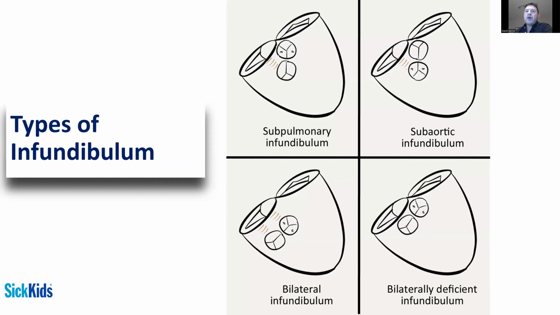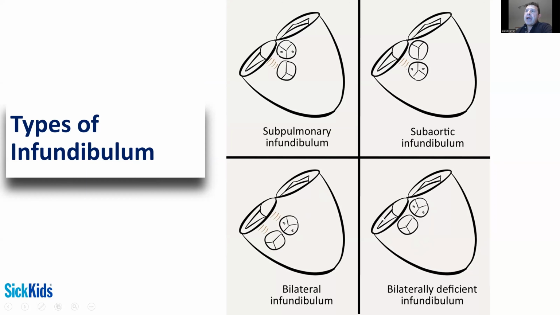And again, as we move along, just think about, as Jude has emphasized, the importance of understanding the infundibulum, and the fact you can have bilateral infundibulums, with both great arteries arising on a tubular structure. But it's not necessary to define DORV to have two infundibulums. They don't always have it.